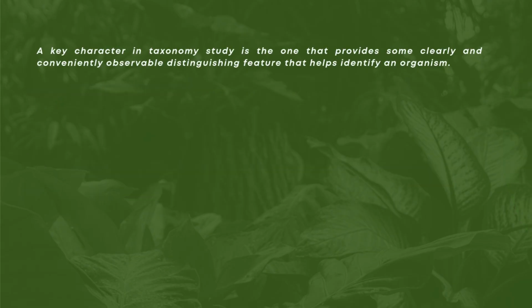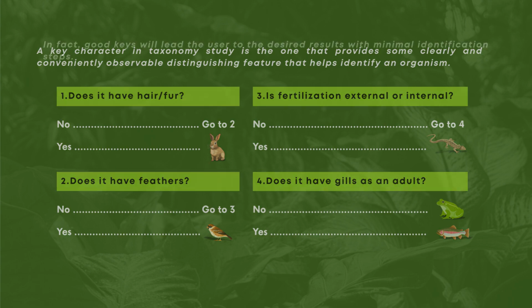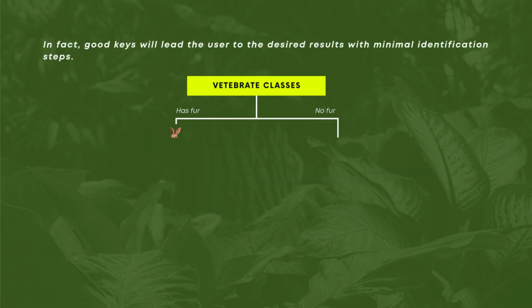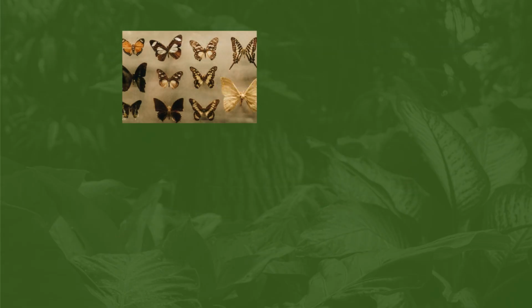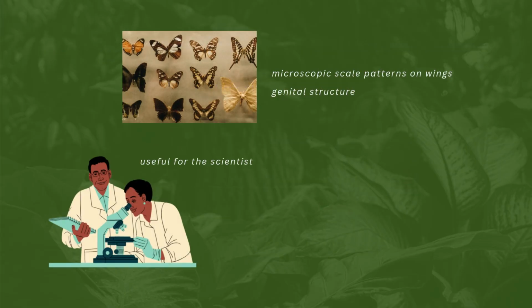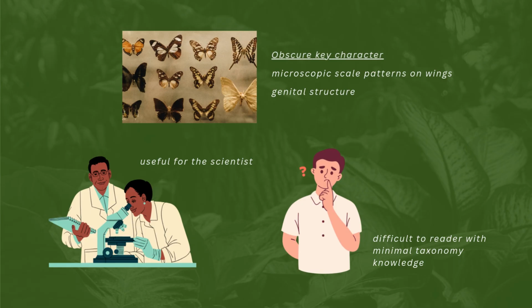A key character in taxonomy study is the one that provides some clearly and conveniently observable distinguishing feature that helps identify an organism. In fact, good keys will lead the user to the desired results with minimal identification steps. However, a character useful for the scientist might be obscure to the reader with minimal taxonomy knowledge.